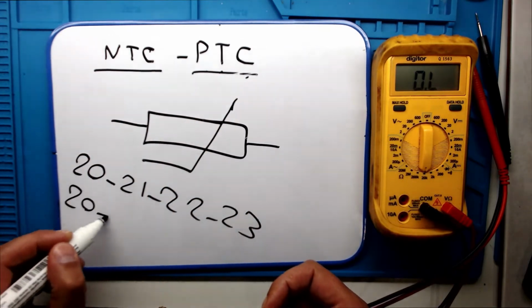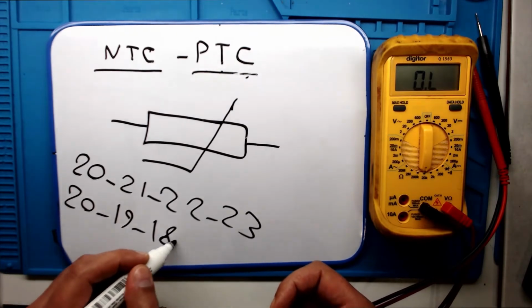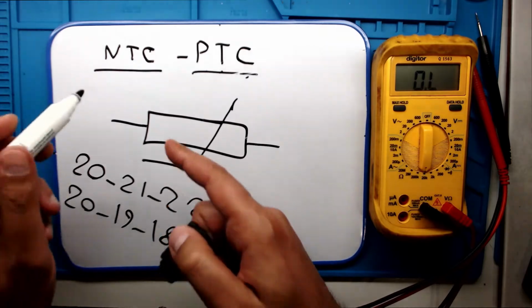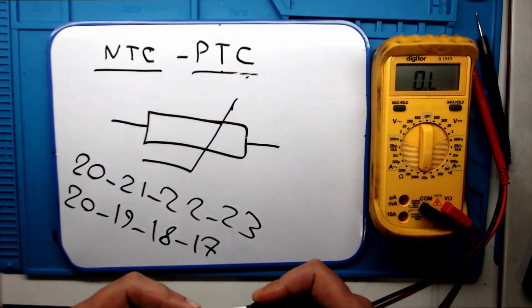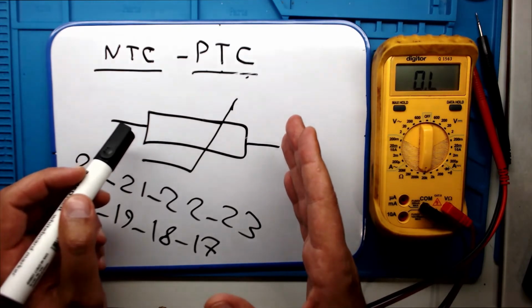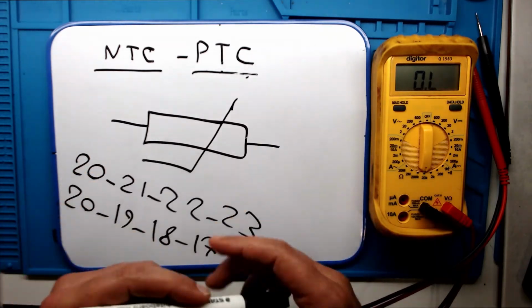If it's going down, 19, 18 or 17, you know this resistor type is NTC. And if it doesn't change, it means this component needs to be replaced with a new one.